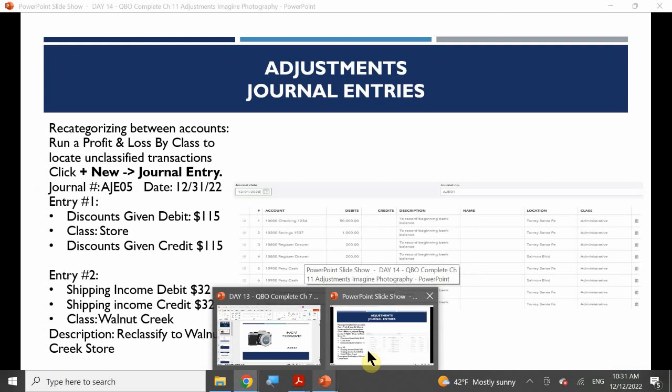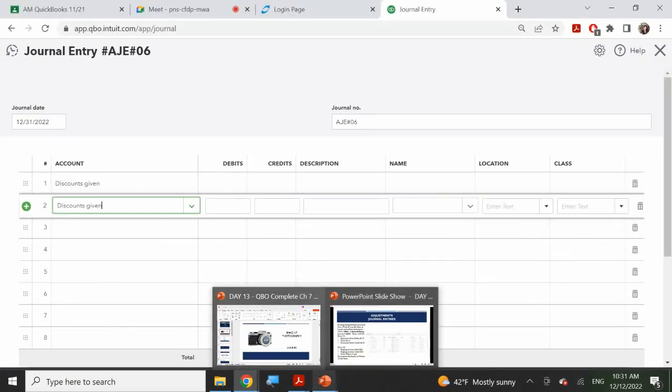Now that I have my first one, discounts given, in order to move it from one class to another, I'm going to classify it as a debit balance. We said that discounts given affects your sales, so in this case it needs to be a debit balance. I'm going to put in 115, and it's going to be classed to the store. Okay?